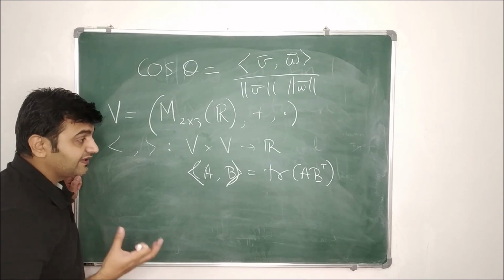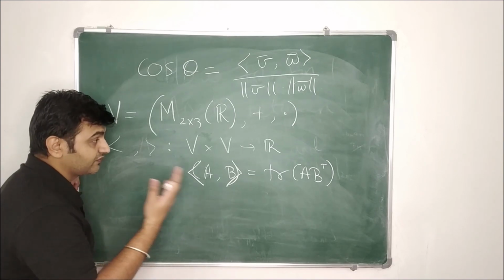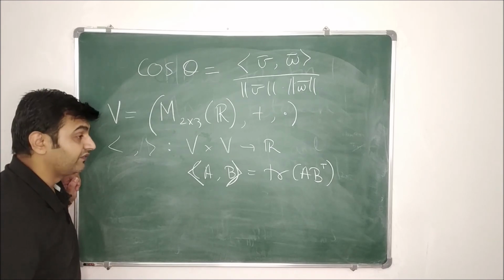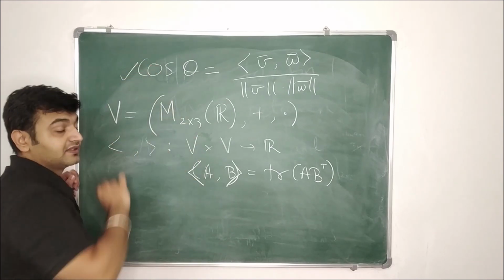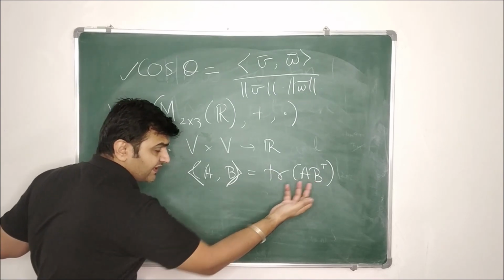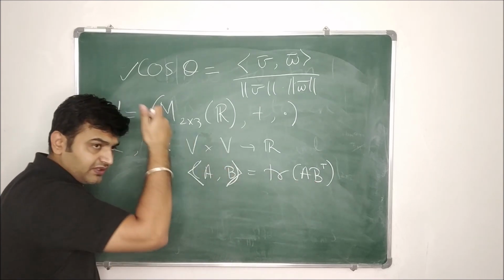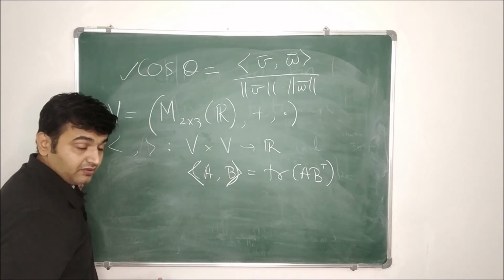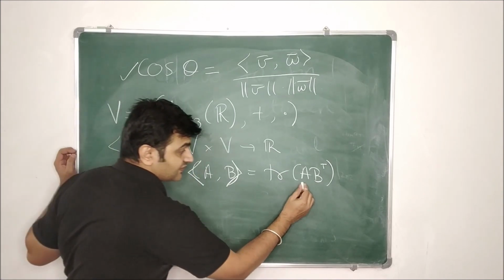If I define this as a function from V cross V to R, then the first question is: does this form an inner product? If it does, then only can you use this formula. Is this output a real number? Yes. A B transpose is a matrix, and trace is nothing but the sum of the diagonal entries, therefore it's a real number. But even before that, is this a square matrix?